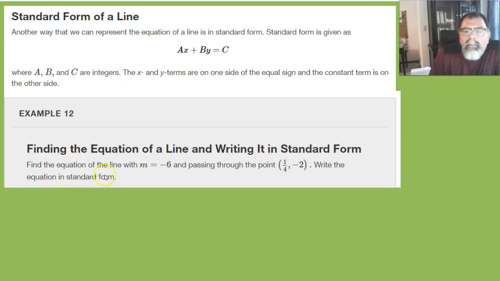Okay, let's look at example 12. Find the equation of the line with slope -6, passing through the point (1/4, -2). Write the equation in standard form. Let's first use point-slope form, since we have a slope and a point.